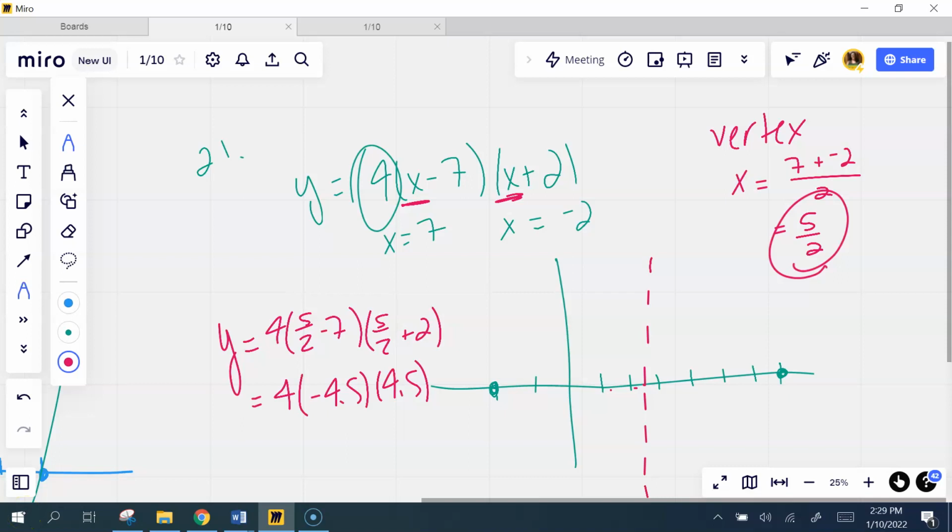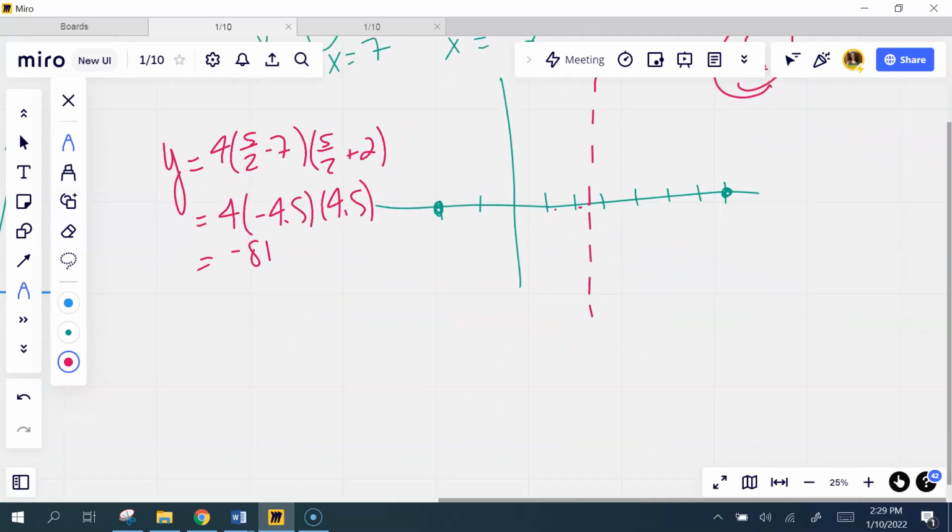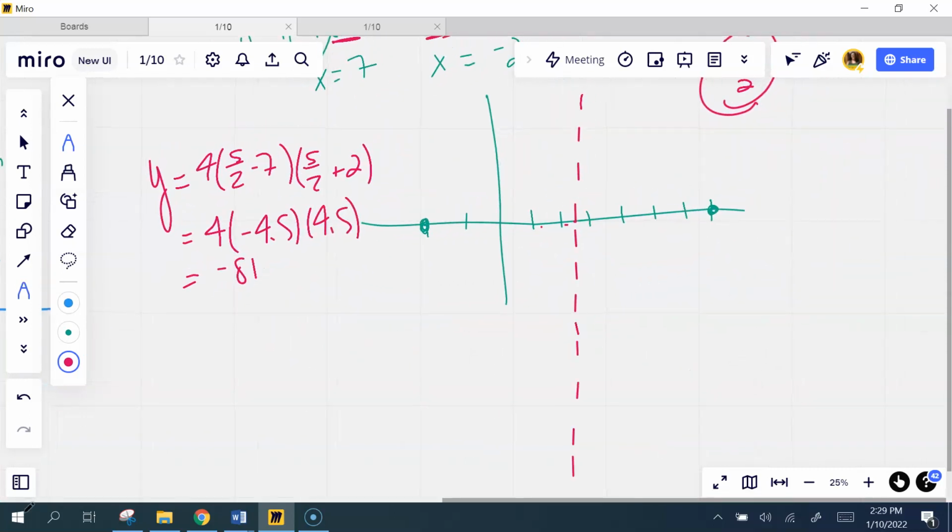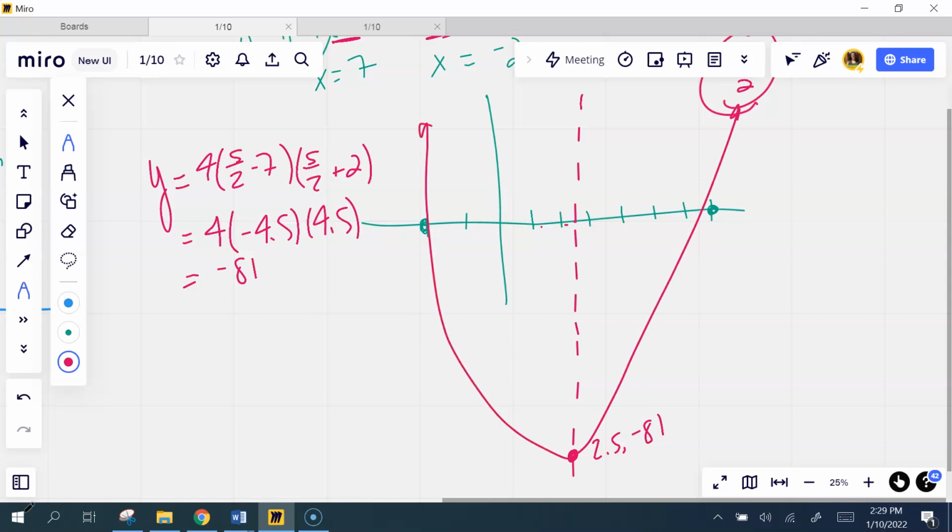Let me get my calculator here. It's actually -81, and I'm not going to go all the way down to 81, but I'm just going to say, okay, let's say that this is 2.5, -81, and then I'm just going to connect. So there are those two in intercept form.